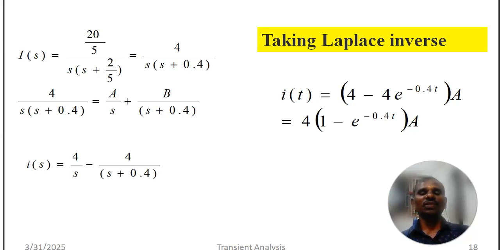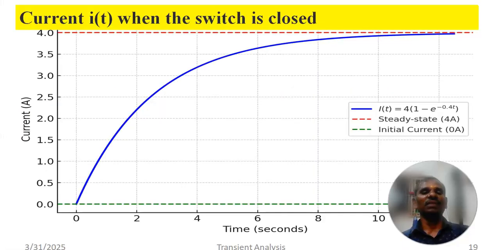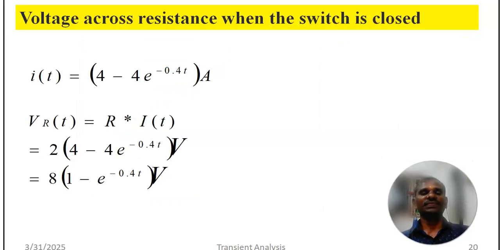If you put this in the graph, we can see that after 12 seconds it reaches the steady state value. From 0 to 12 seconds, it is the transient period.